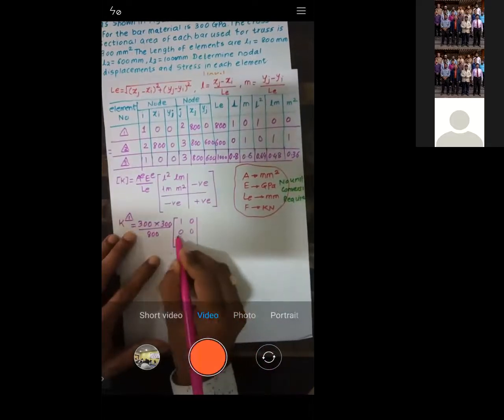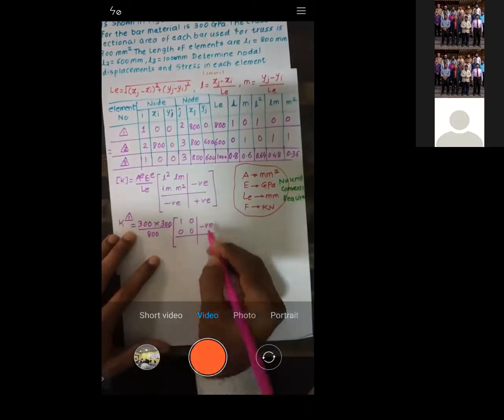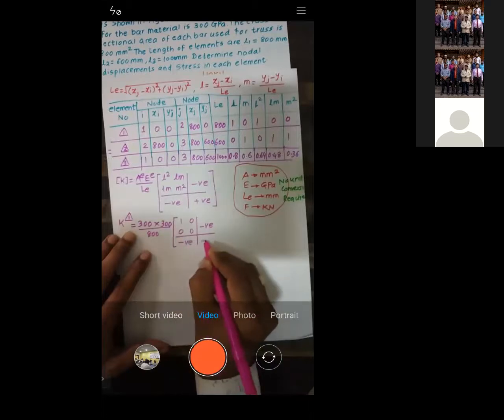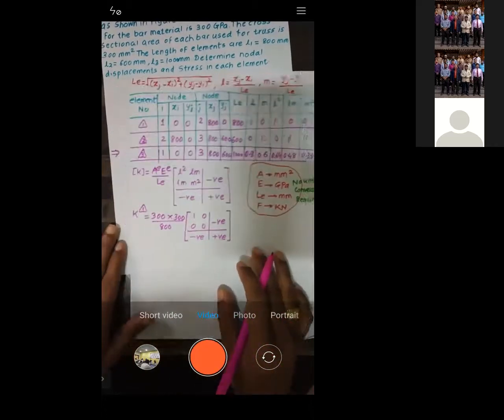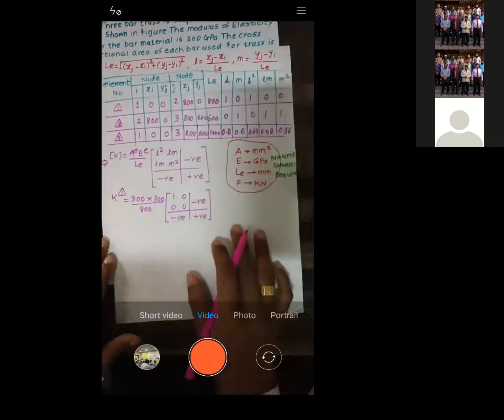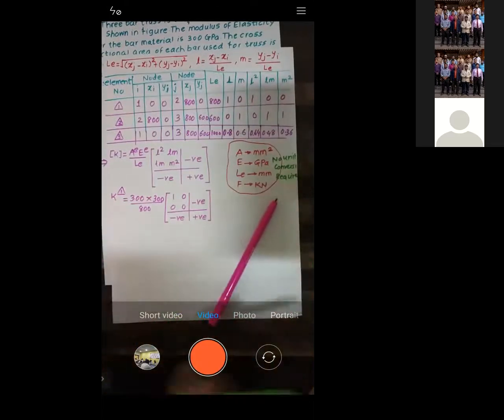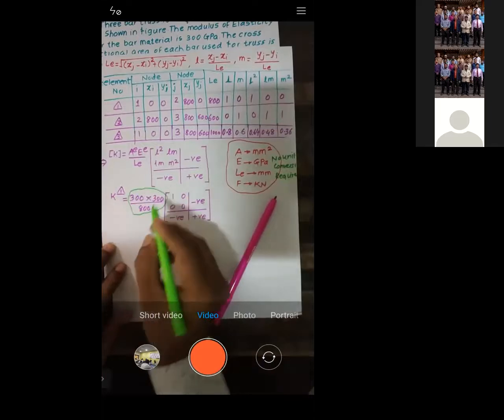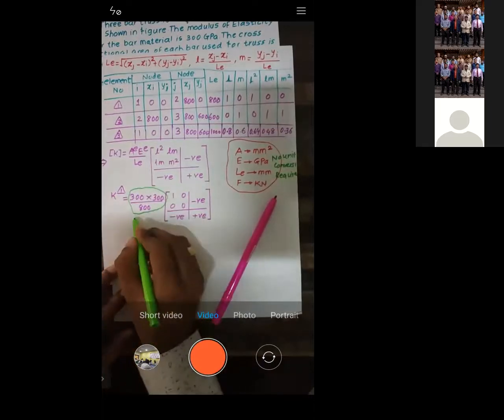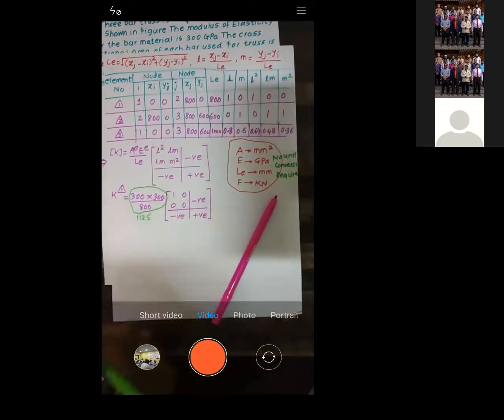So I will have the same terms, here with the negative sign, and here with the positive sign. I will not repeat those things. Now let's see how much value we are getting. All of you do this calculation and let me know how much it comes to. This will come as 112.5.